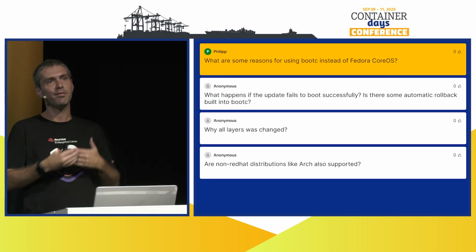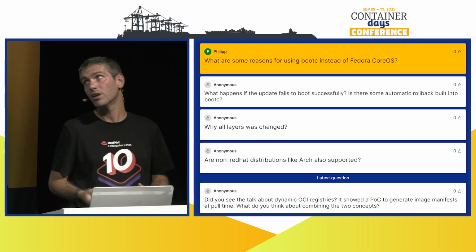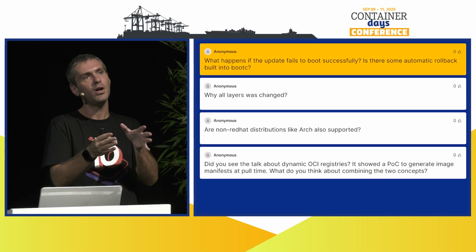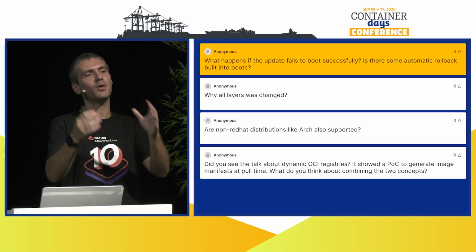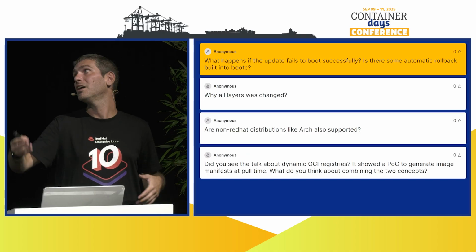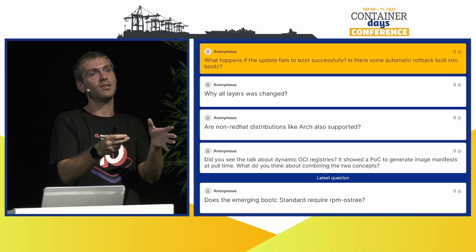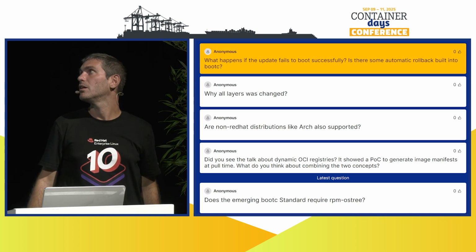So you define everything before, when you are building your image. So this is the main difference. It's mostly what is the final result. With bootc containers, you have a finalized system, exactly like a package mode system. With Fedora CoreOS, you can still do some modifications, but it's a bit more jailed, let's put it this way.